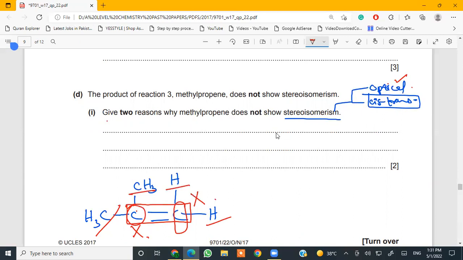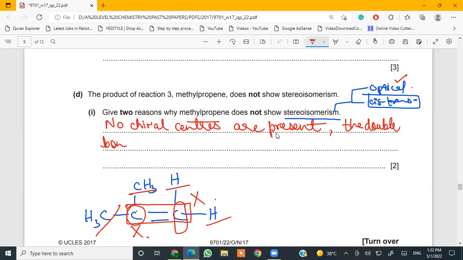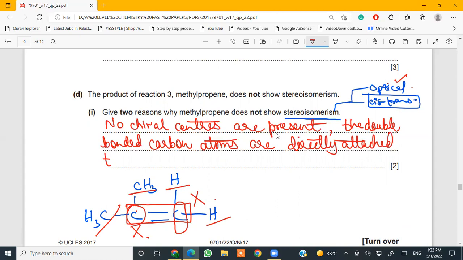So for 2 reasons: no chiral centers are present. What are chiral centers? You can find out in the course. No chiral centers are present, and the double bonded carbon atoms are directly attached to identical groups.